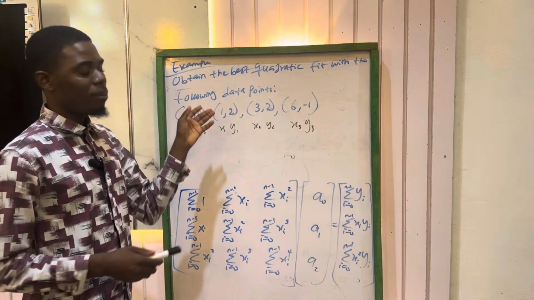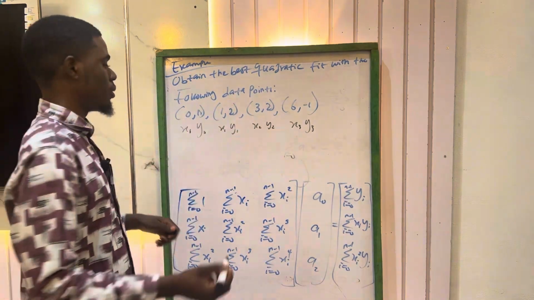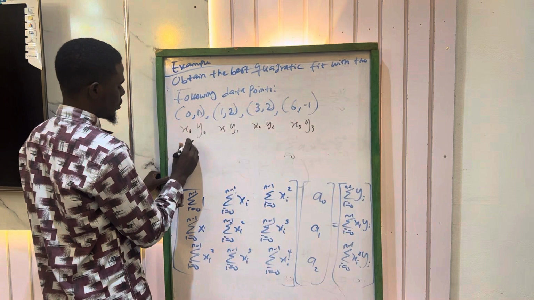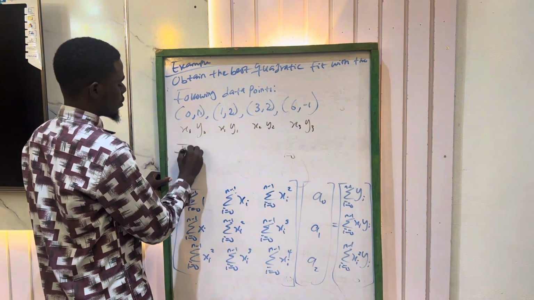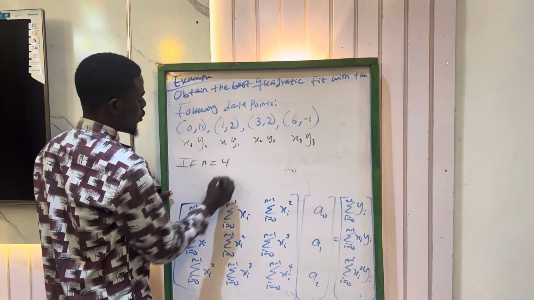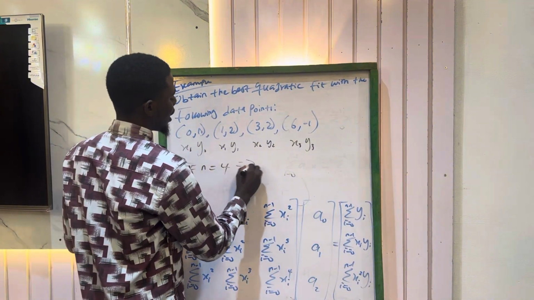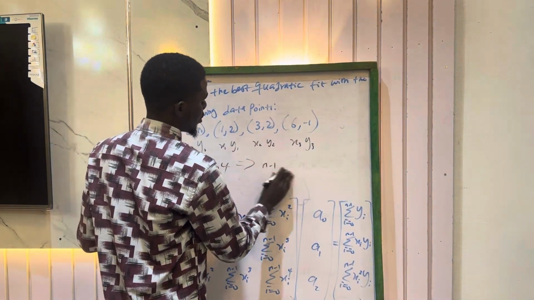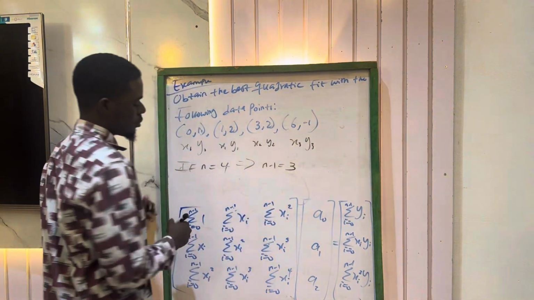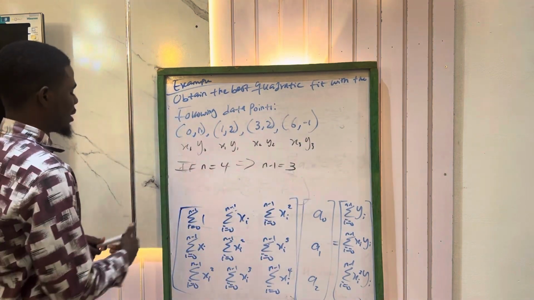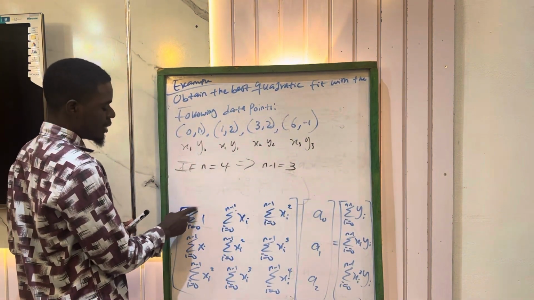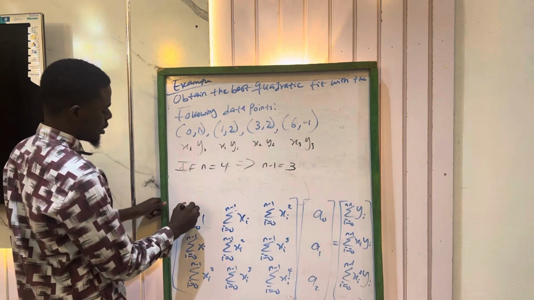So we have four points here, which means that n is equal to 4, so our n minus 1 is equal to 3. Instead of writing n minus 1, I can just replace each of those terms with 3.